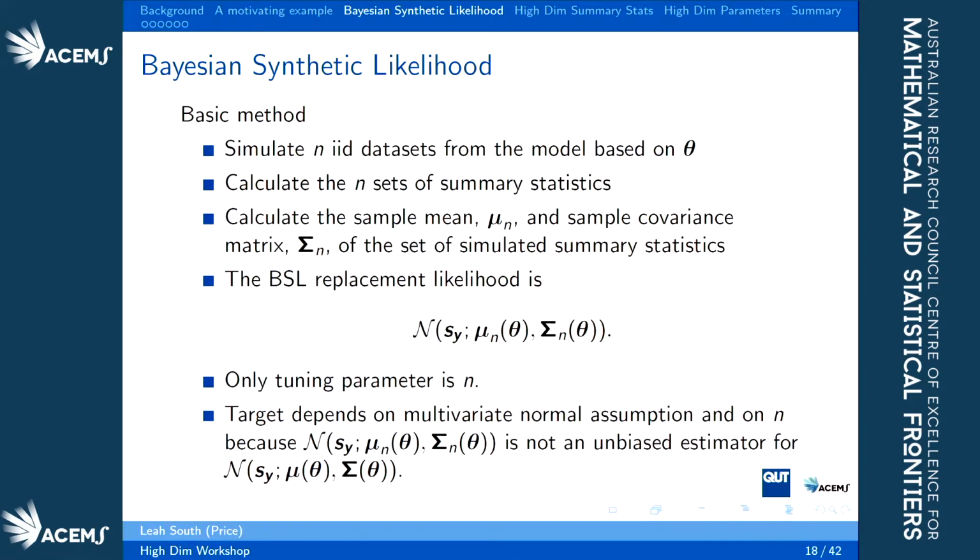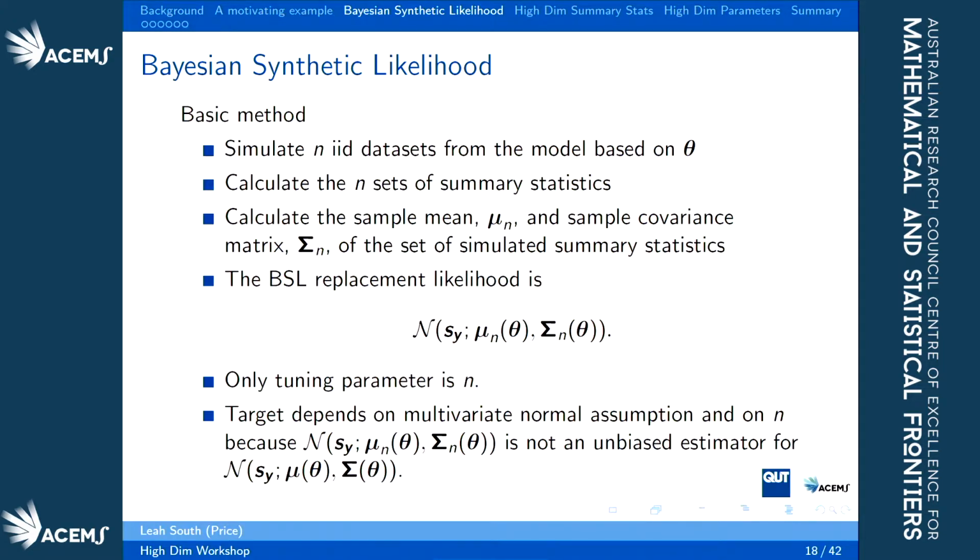The basic idea looks kind of similar to MCMC ABC. For a single iteration of MCMC, you would simulate n IID data sets from the model based on theta, calculate the n sets of summary statistics, and then from that you calculate the sample mean and sample covariance of the summary statistics. Then you replace your intractable summary statistic likelihood with the multivariate normal likelihood using these. The only tuning parameter then is n.